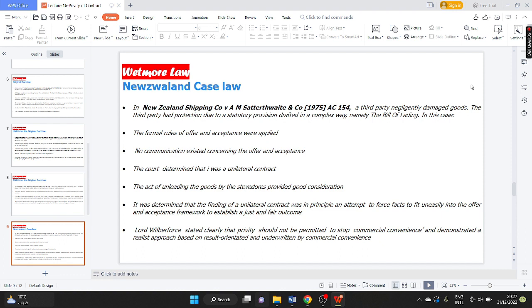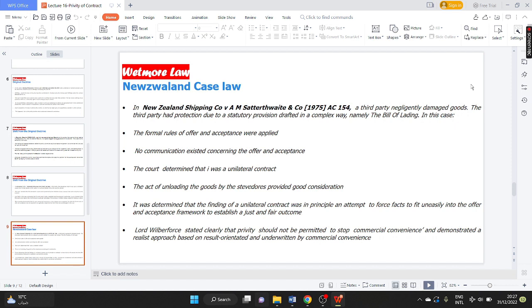New Zealand case law. In New Zealand Shipping Company v Satterthwaite, a third party negligently damaged goods. The third party had protection due to a statutory provision drafted in a complex way, namely the bill of lading in this case.